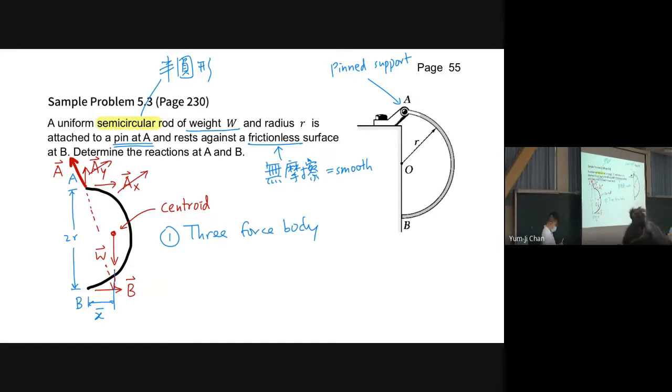And we can mark this angle. Of course, you can work it out as AX and AY, and then use the three equations to determine AX, AY, and B. Of course, you can do that, but this is another way to do this.